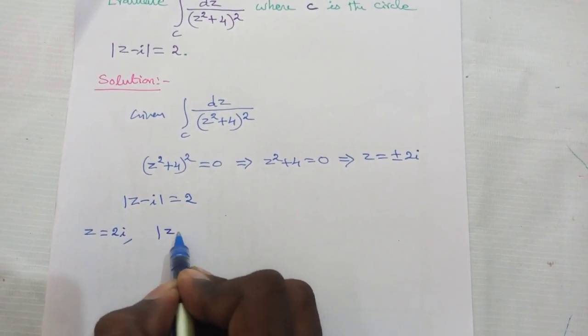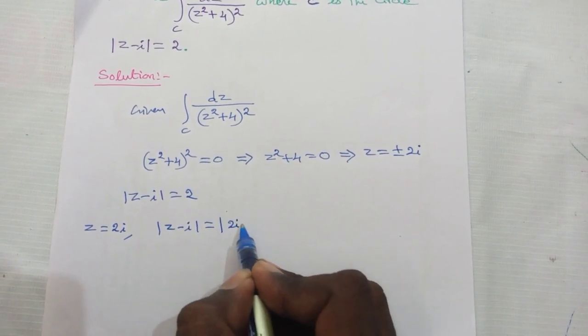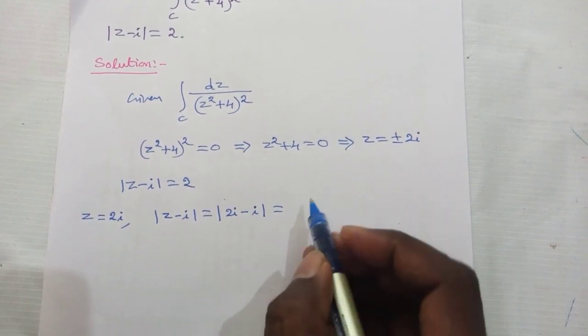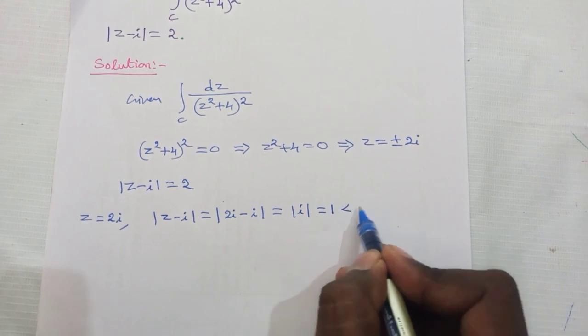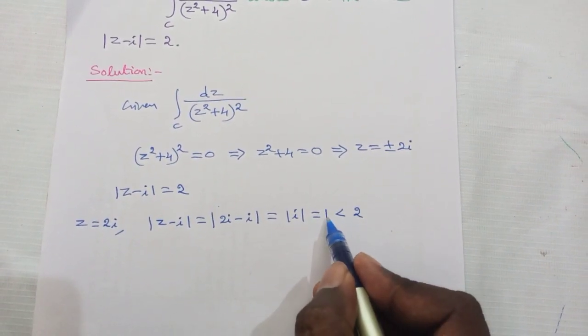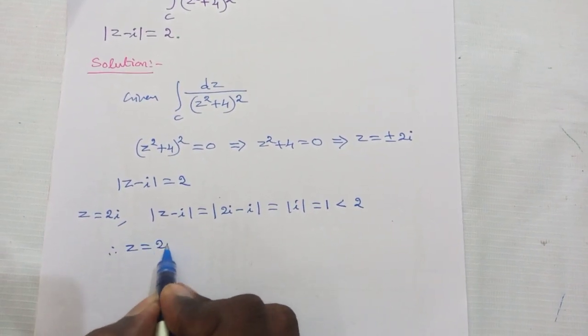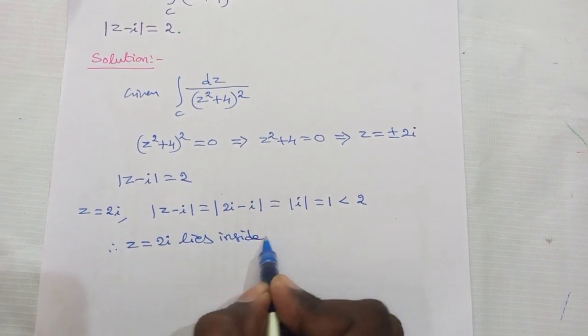So modulus of z minus i equals modulus of 2i minus i, which is modulus of i. The modulus of i is 1, which is less than the radius, because the radius is 2. Therefore z equal to 2i lies inside the circle C.